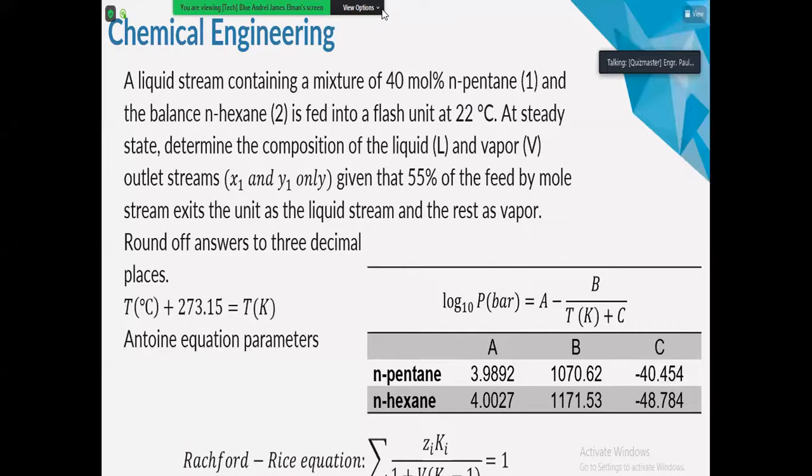Anong sabihin na may problem sa solving? Yung sa shift solve, hindi lumalabas. Ganun ba? Ano ba yung sabihin?